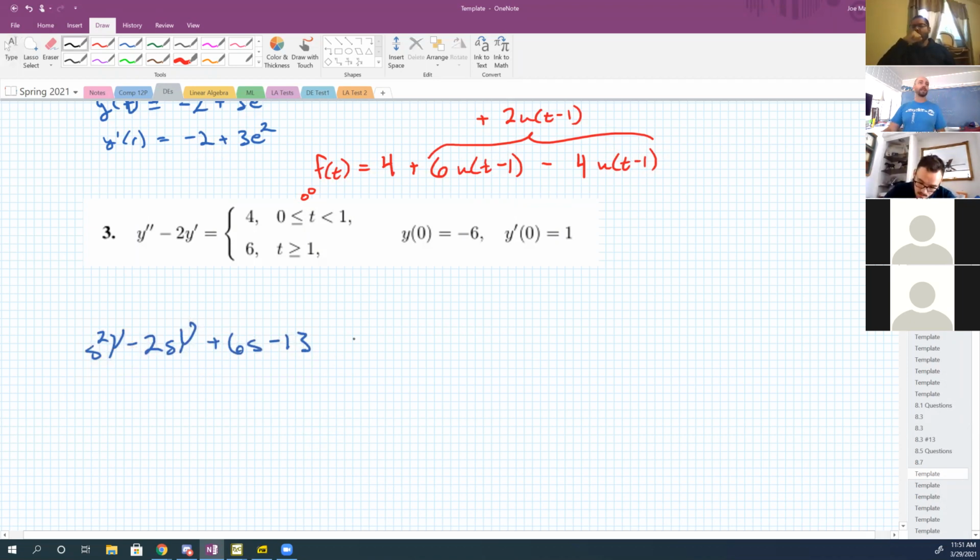Now the right-hand side is the thing that changes. So on the right-hand side, I'm going to have the Laplace of 4. That's going to be 4 over s. And then here I need, and I'm going to be really kind of explicit here, I need 2 times the Laplace transform of u of t minus 1.